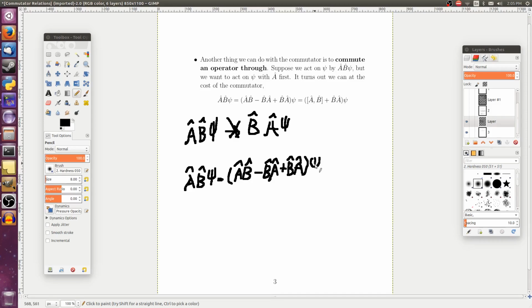And we know this is 0 because if we assume these are linear operators, then we can factor it and show that it actually is equal to 0. So how does this help me? Well, this right here, AB minus BA, that's the commutator of A and B.